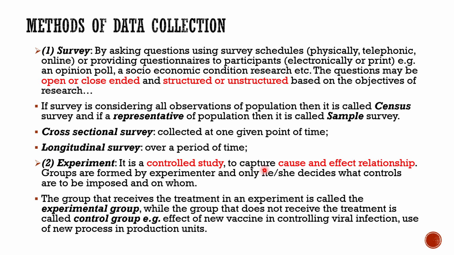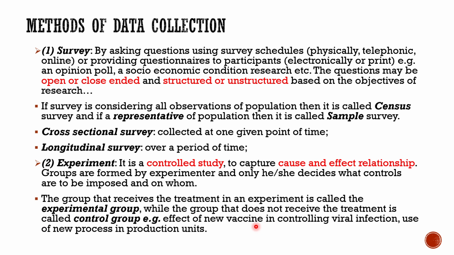Here, the experimenter creates or forms groups, and only he or she decides what controls are to be imposed. The basic difference between the experimental group and the control group is that the group that receives the treatment in an experiment is called the experimental group, while the group not receiving the treatment is called the control group.